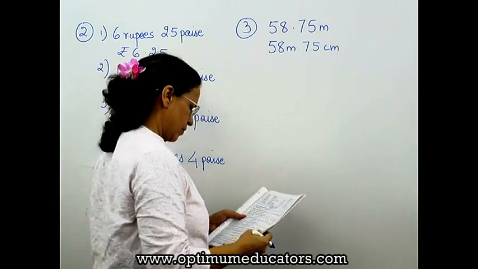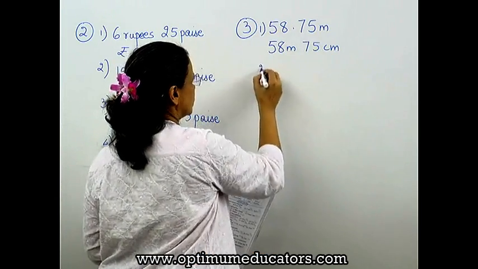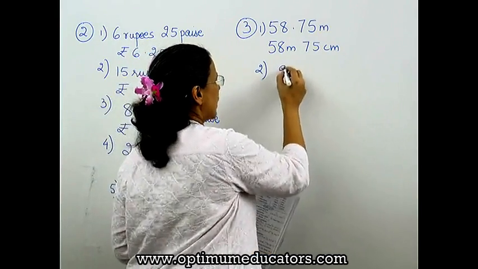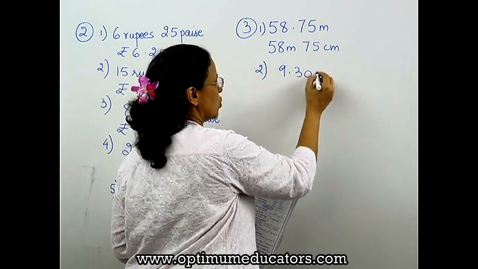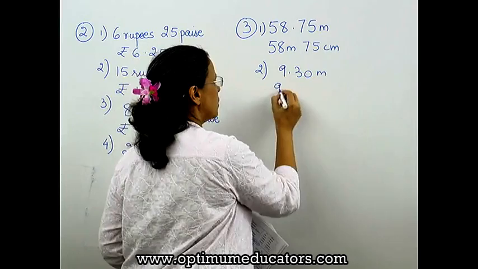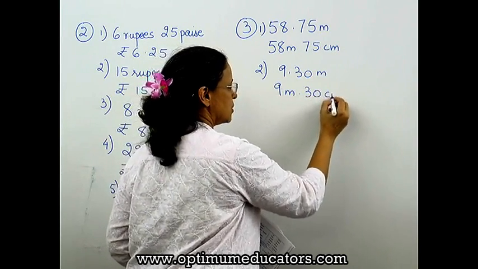Okay. Next, second one. They have given 9.30 meters. So what will it mean? 9 meters and 30 centimeters.